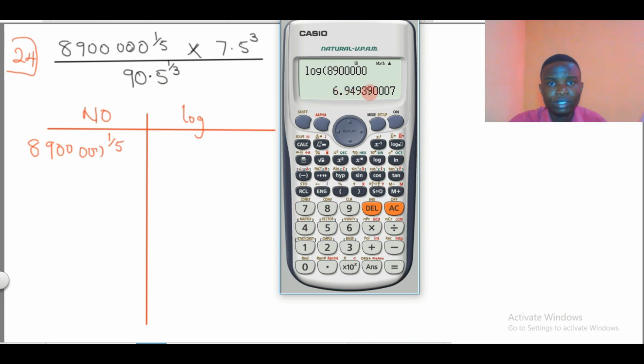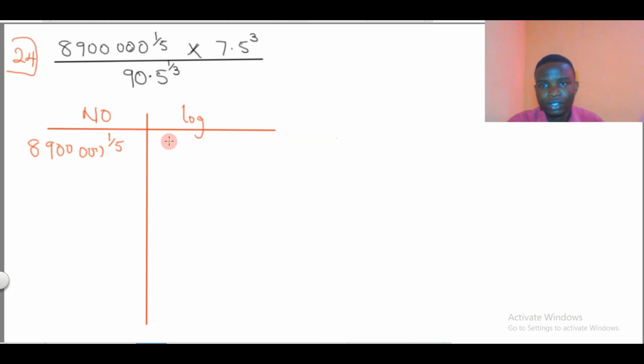I will approximate this 9 and put it here to make it 4. So my value will now be 6.9494. So the value of the log of 8,900,000 is 6.9494. This is what we got from the calculator.